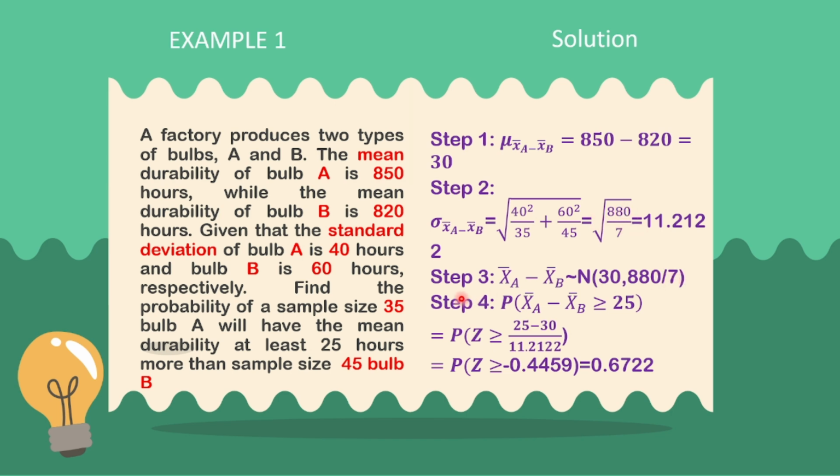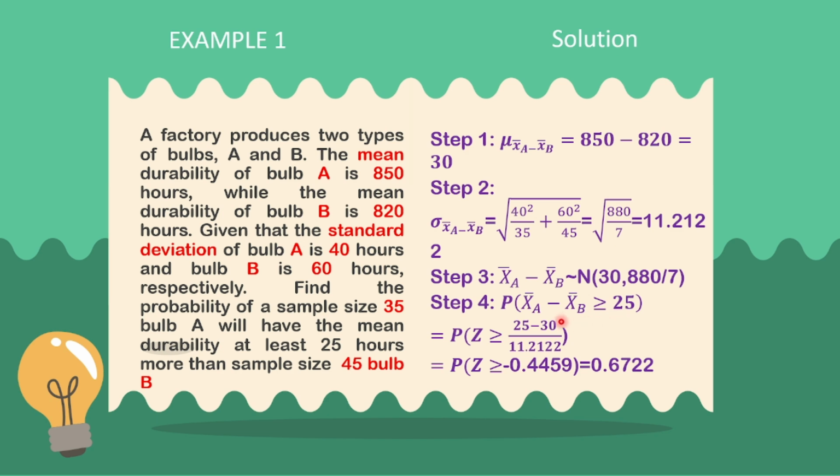Step 4, we want to find the probability that a sample of size 35 of bulb A will have a mean durability at least 25 hours more than a sample of size 45 of bulb B. So the probability that sample mean A minus sample mean B is greater than or equal to 25.